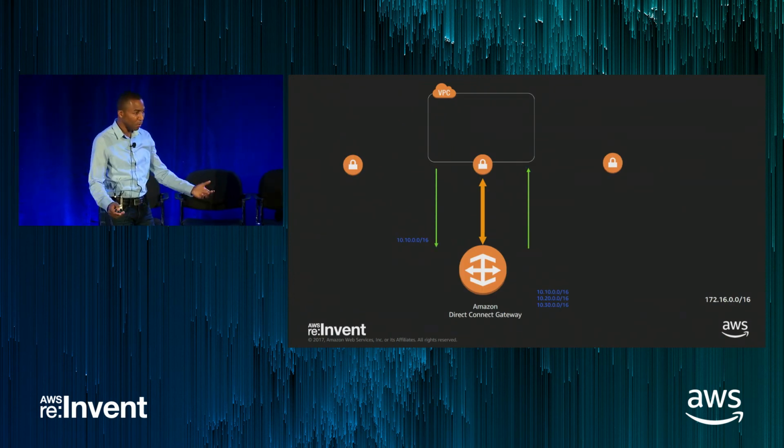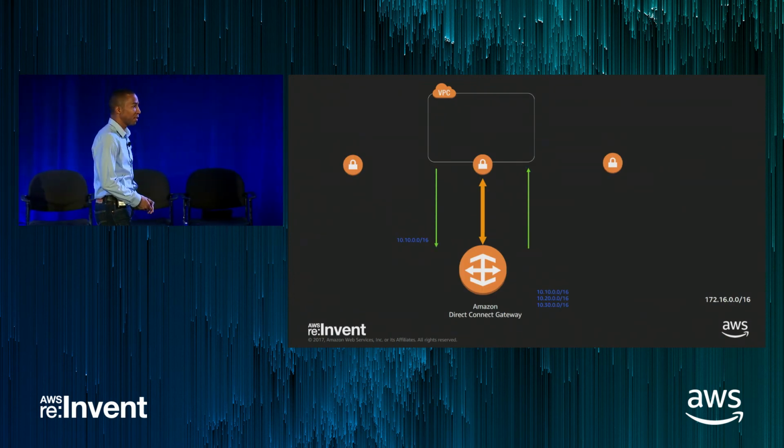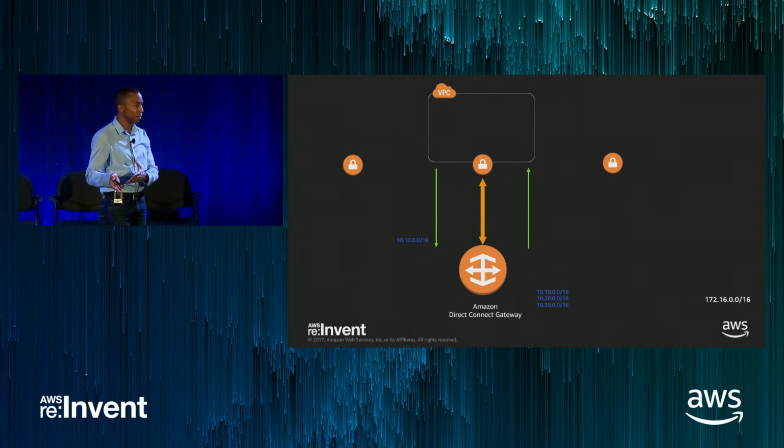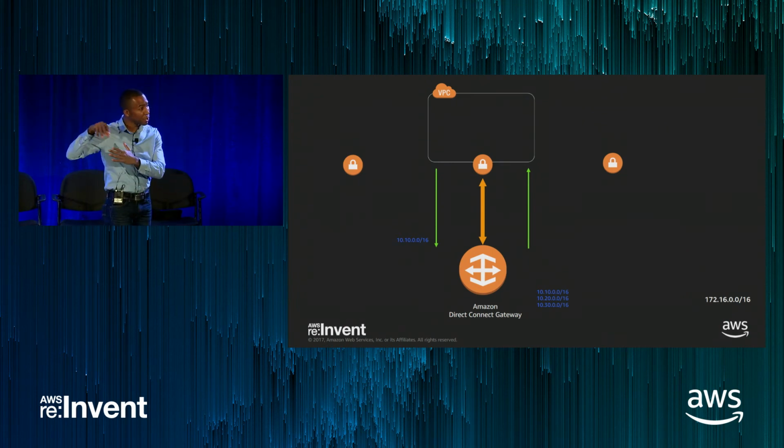So, what does routing look like? Now, the BGP session that's actually established is between your edge device and the gateway. The routes that you advertise over into that gateway are then taken and sent into all the VPCs that are connected to the gateway. The gateway learns the routes from all these VPCs and channels them back to you via that session.